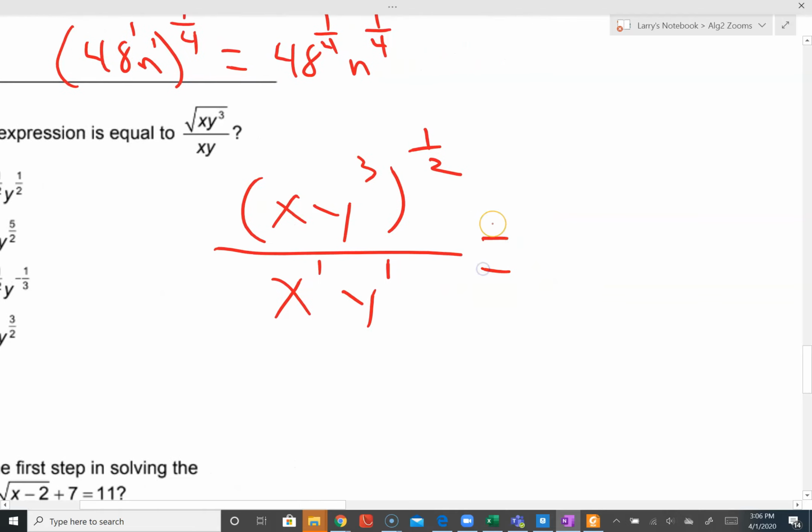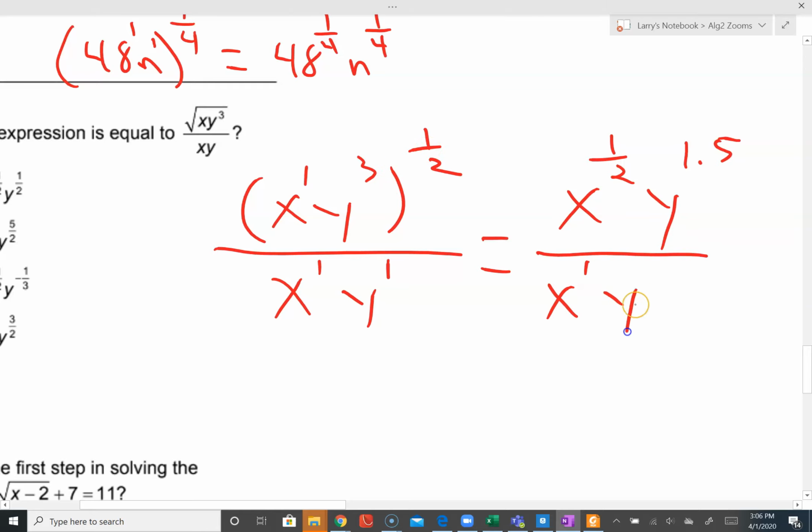In the numerator, using my power rule of exponents, I multiply. 1 times 1/2 is 1/2. 3 times 1/2 is 3 over 2, also called 1.5. Half of 3 is 1.5. Over x to the first, y to the first.